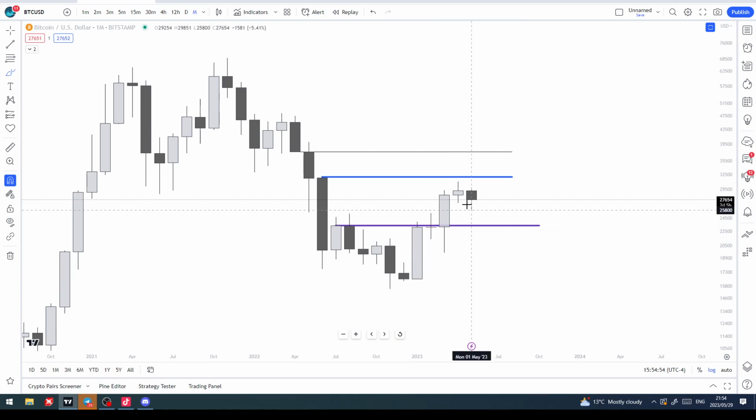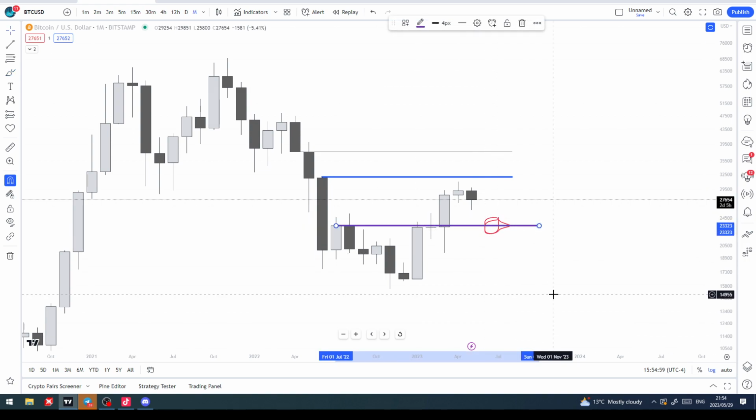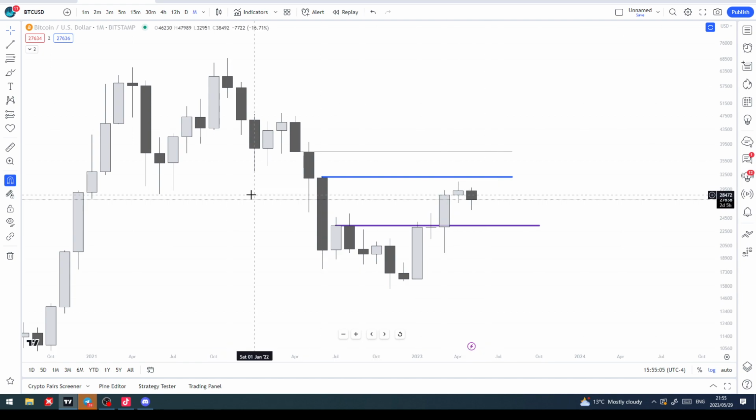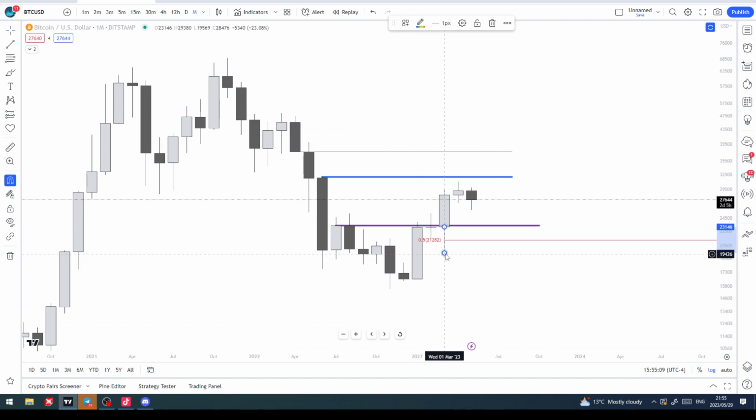Which means we want them to print a monthly down candle here, and that level is 23,323. Can go a bit lower. Lower meaning we take the CE of this monthly wick, so as low as 21,282, but the close should come around the purple level.